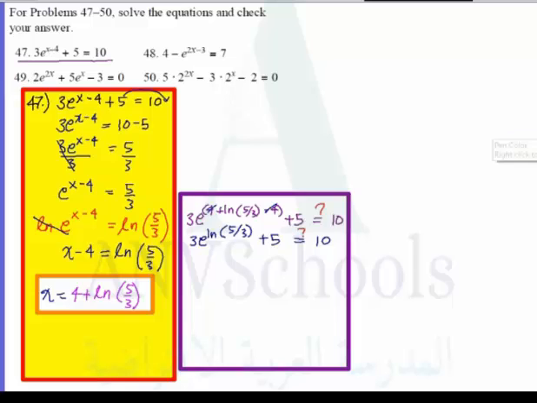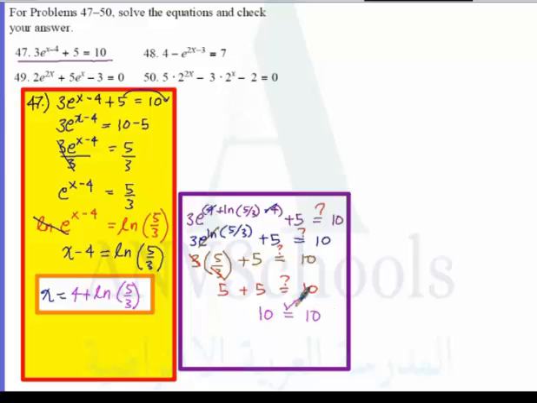Now we have 3, and this is an expression of e and ln, which gives us the value of 5 over 3. So 3 times 5 over 3 plus 5, is it now equal to 10? Okay. This will cancel out. So 5 plus 5, is it equal to 10? The answer is yes. 10 is equal to 10 indeed.